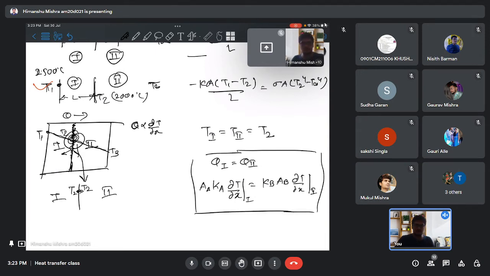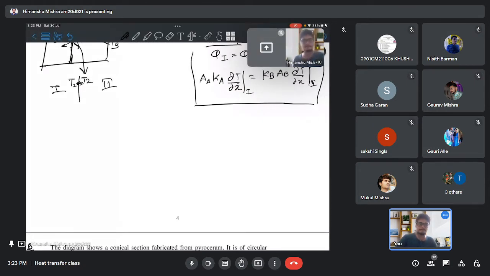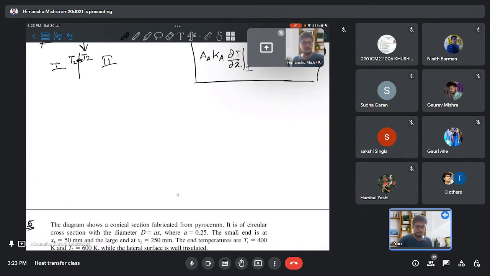So these are some of the boundary conditions that you may require to solve the conduction differential equation. So any doubt in this? No, sir. Okay, then let's move to the other problem.